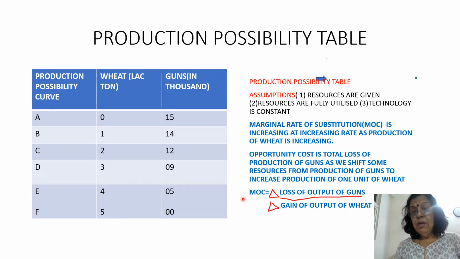And MOC or MRT is the loss of output of guns upon gain of output of wheat. So here we'll take delta, or change in output of guns and change in output of wheat.